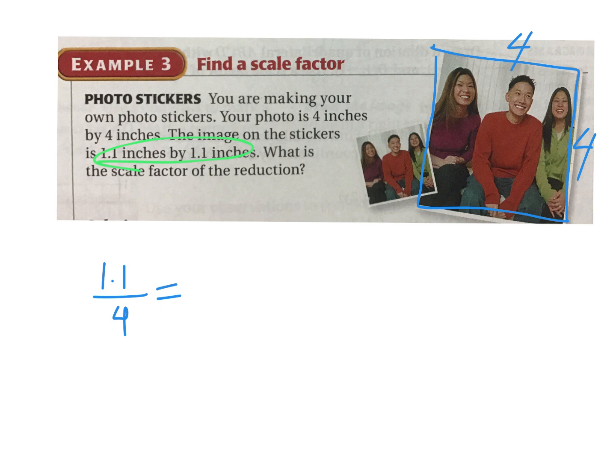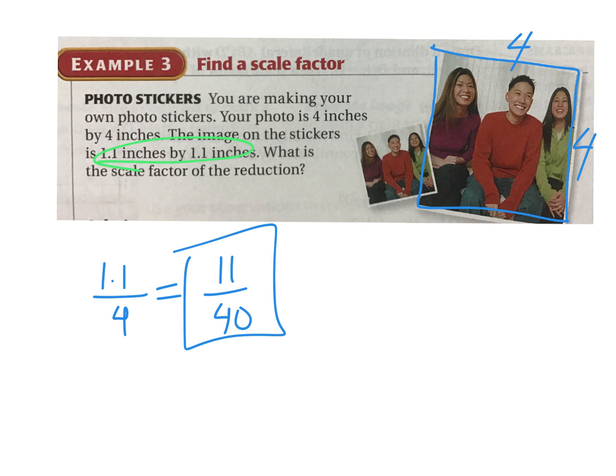So then basically you just simplify that, because you can't have a decimal in a fraction. So you do 1.1 divided by 4, which would give you 11 over 40. Yep. So that would be your scale factor. That's it. Just find the ratio and then simplify it.